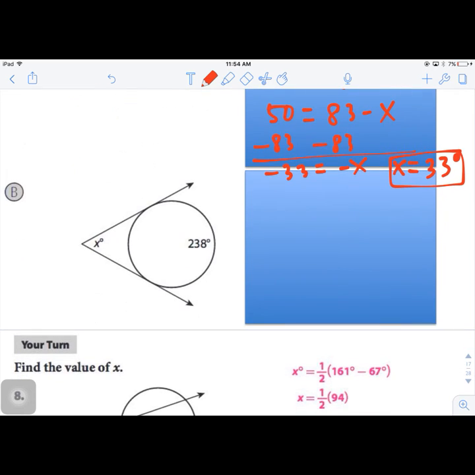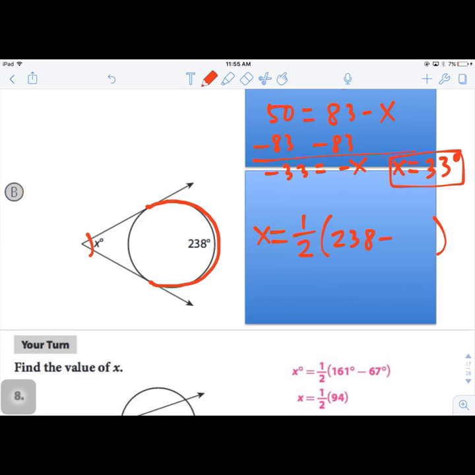Let's take a look at part B. It's the same idea. We're solving for x, and this time x is actually the angle. So we're going to use the formula: the angle is equal to 1/2 of the big piece minus the smaller piece. So let's take a look at this circle. It's actually divided into two pieces. The bigger piece is already given, which is 238 degrees, minus the small piece, which we can actually calculate.